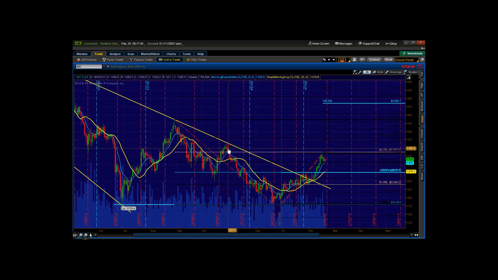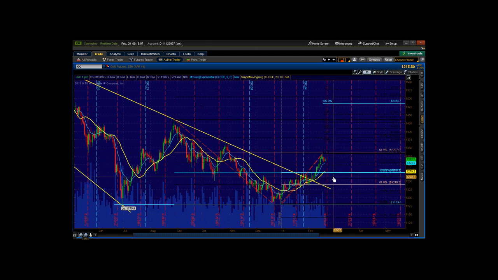And then I identified this pattern, which is a developing cup and handle, and the right rim is right at the 61.8 retracement off of the swing high at 1434.